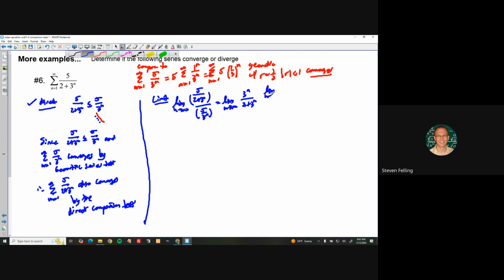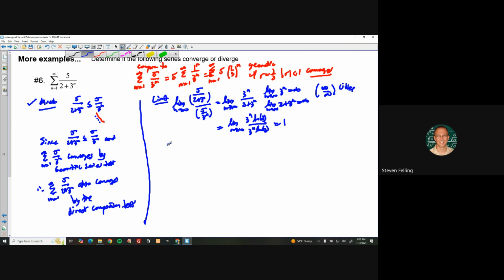Limit as n approaches infinity of 3^n is infinity. Limit as n approaches infinity of 2 + 3^n is also infinity. So we have infinity over infinity, and you can use L'Hopital's rule to say that this is the derivative, same limit as n approaches infinity of, it's a copy, but times the log of 3. That's the derivative of 0, so this is the same derivative down here, which means this limit is 1.